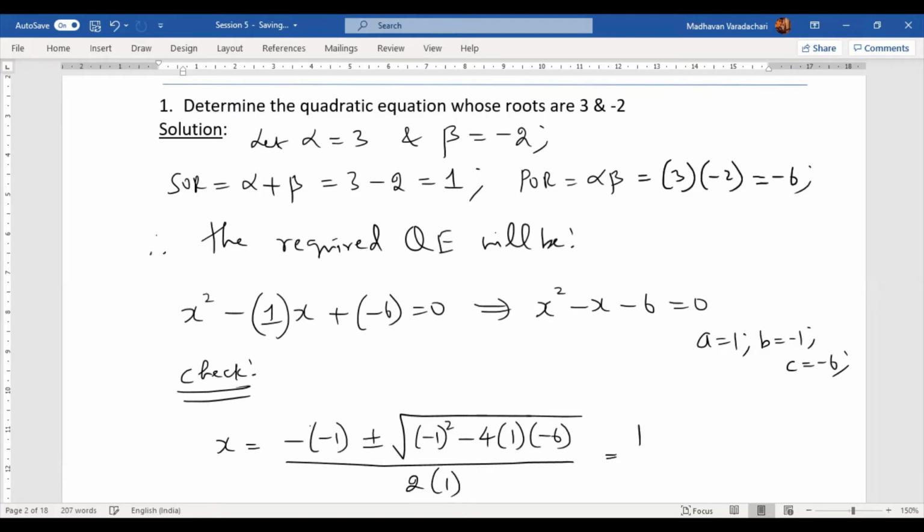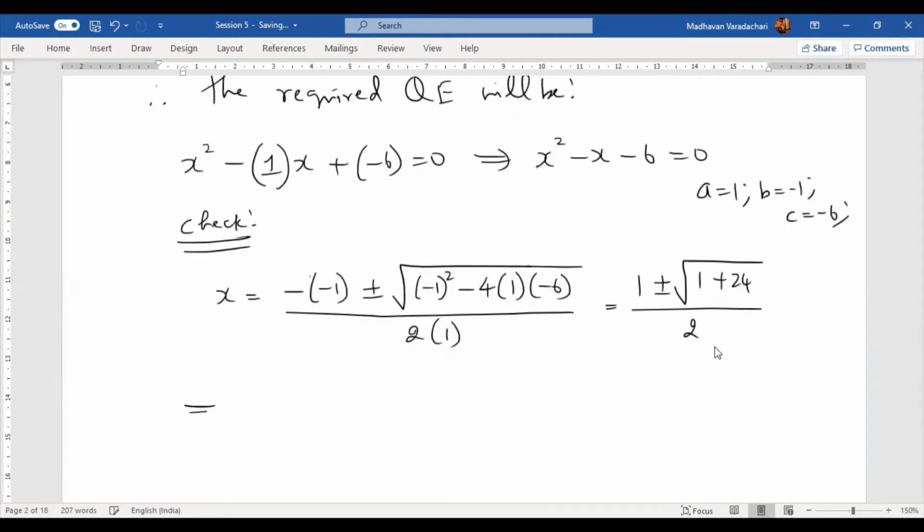Minus of minus 1 becomes plus 1, plus or minus square root of minus 1 the square is 1, minus into minus becomes plus, so it is plus 24, divided by 2. So what is that? It means x is equal to 1 plus or minus square root of 25, which is 5, divided by 2.